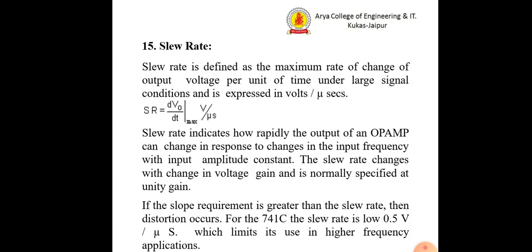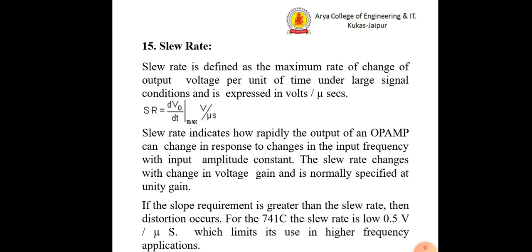Next, we move on to slew rate. Slew rate is also a very important parameter. It is defined as the maximum rate of change of output voltage per unit of time under large signal conditions. It is expressed in volts per microsecond.